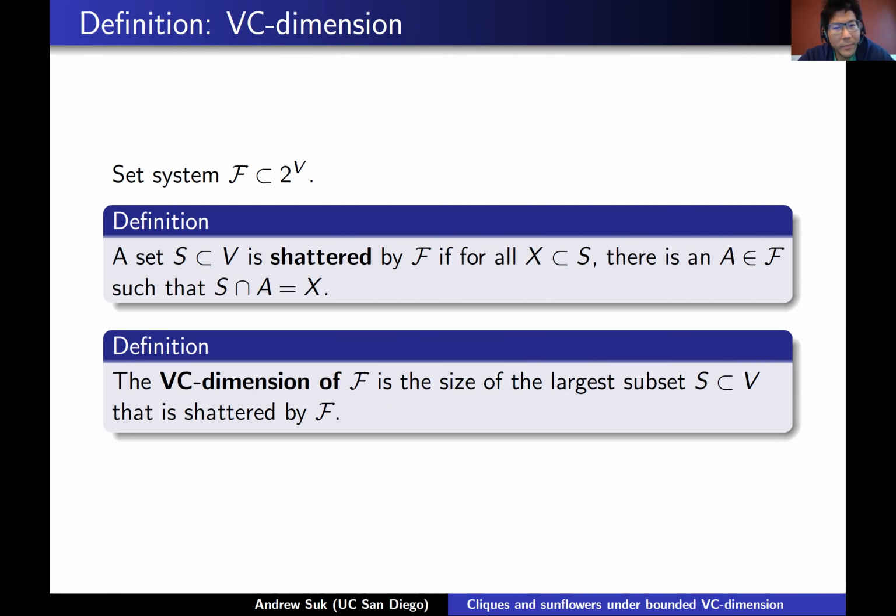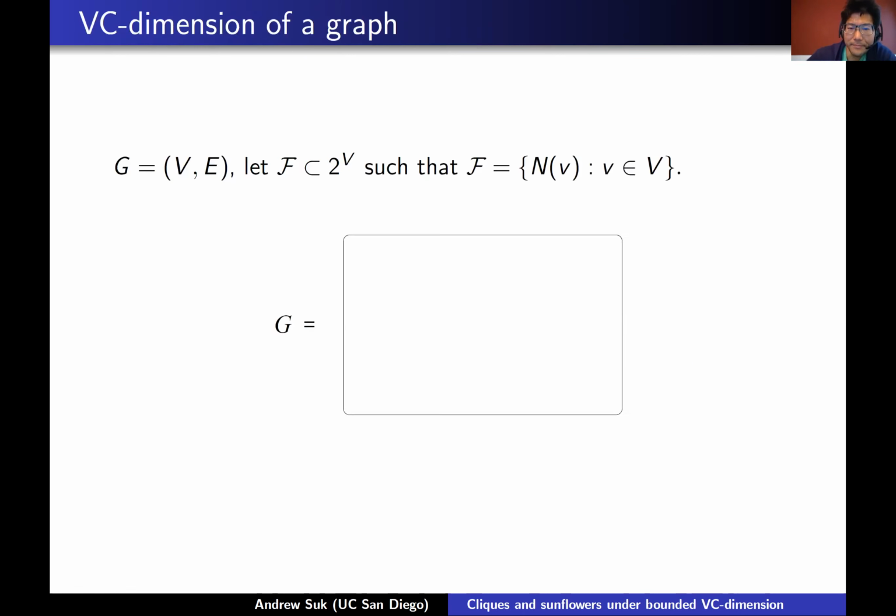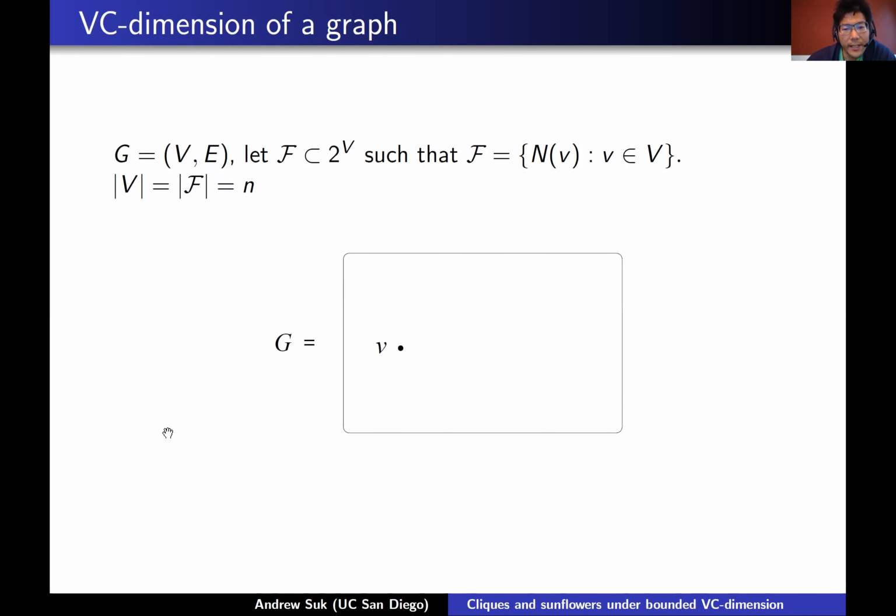So when I talk about the VC dimension of a graph, what I mean is the following. Let G be a graph. Then for each vertex, I can look at the neighborhood of that vertex, which is a subset of the vertices. I'll denote this neighborhood with N of v.